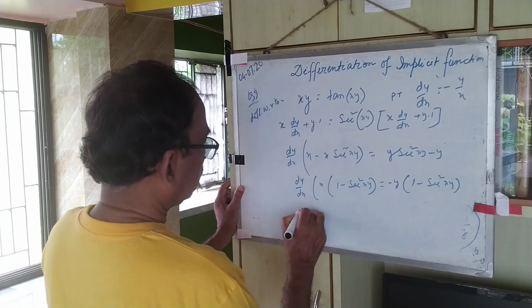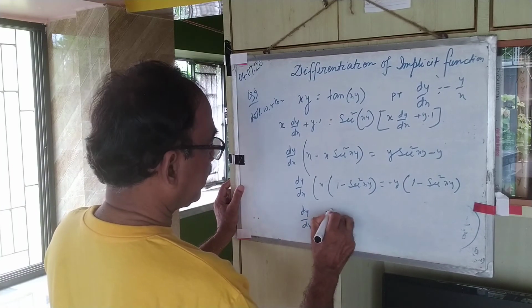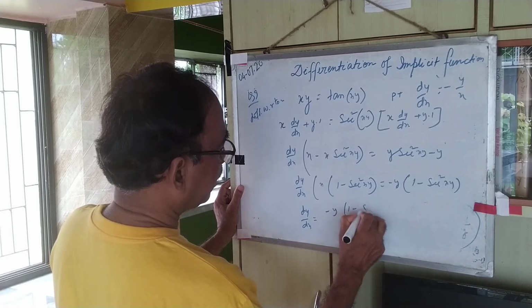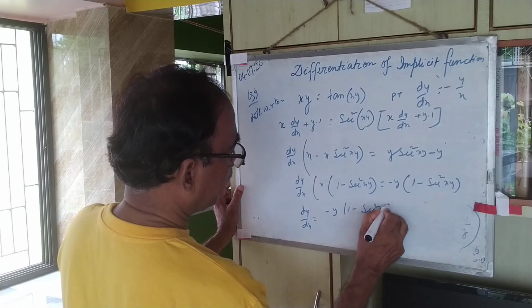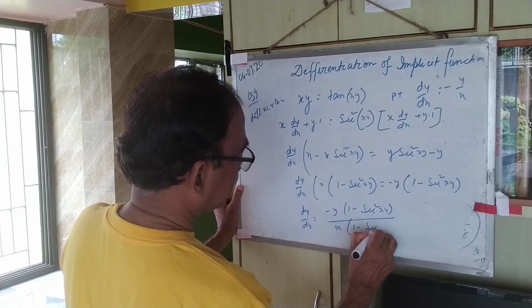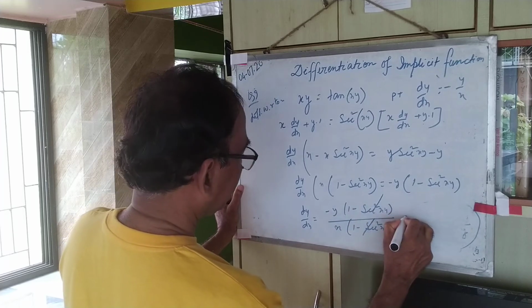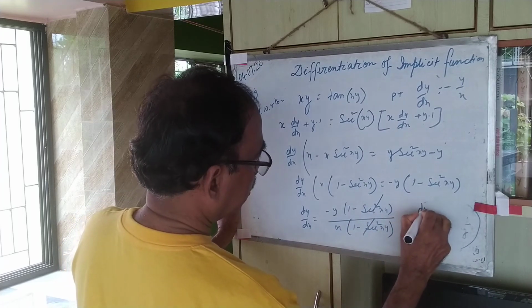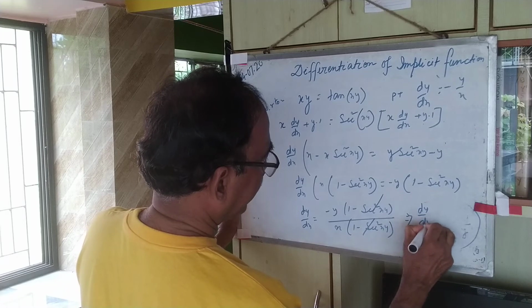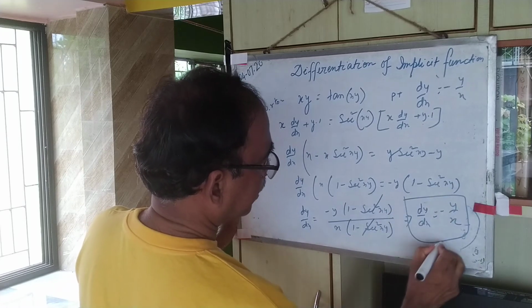So dy by dx equals minus y into 1 minus sec square xy by x into 1 minus sec square xy. This and this cancel. Therefore dy by dx equals minus y by x, that is your right hand side.